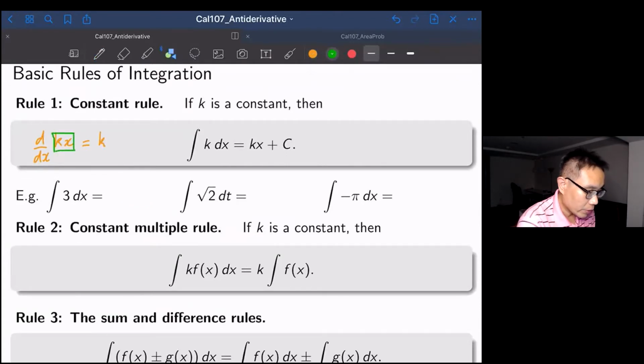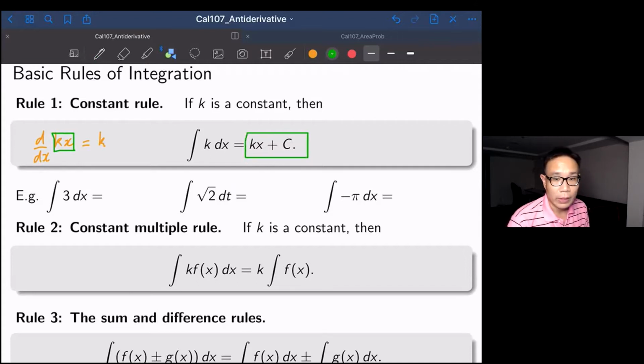So in this case, kx is inside the box, so you're going to have your box on the other side. In terms of integral, it means that you integrate k dx, and it turns out to be kx plus c. For example, if you integrate 3 dx, it's going to be 3x plus c.